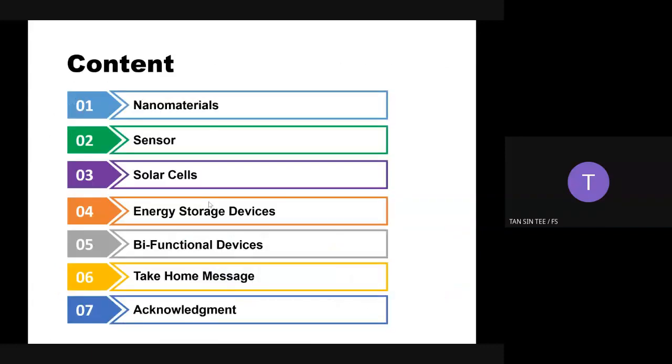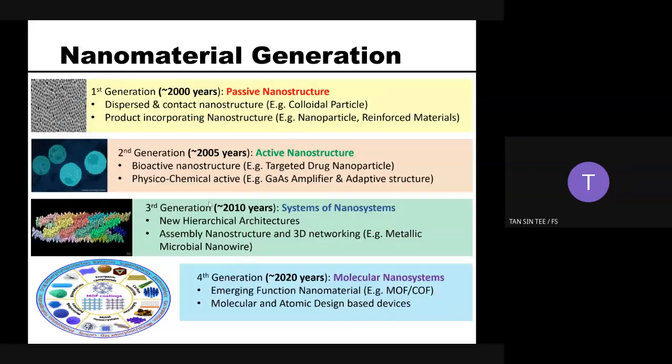My presentation will cover 7 parts, which is not limited to some of the general idea of the nanomaterials, and then we will focus on specific applications, how we can utilize and modify the nanomaterial and use it in applications of sensors, solar cell, and energy storage devices. Bifunctional devices means that we can use one nanomaterial and apply it to different kinds of applications, and some of the take-home message and also the acknowledgement to my collaborators. Everyone can stop me if you have a question on any slide of my presentation.